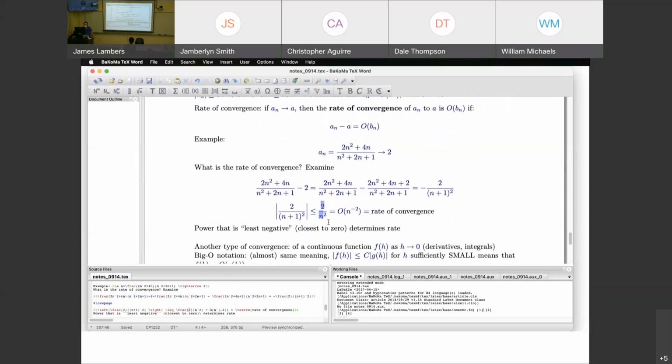I could say this is less than or equal to, say, 2 over n. Yes, you have the right idea, you just have to go in the other direction. Yes, but we do not say that the sequence a_n has the rate of 2 over n, right? Well, I think the rate of convergence is exactly the exact bound.